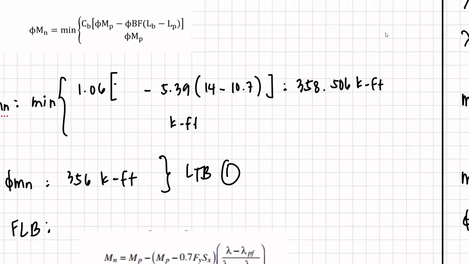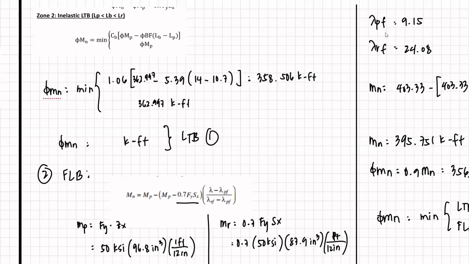Okay, this should be 362.997. Mp, 50 times 96.8 divide 12 times 0.9, 363. Sakto 363.